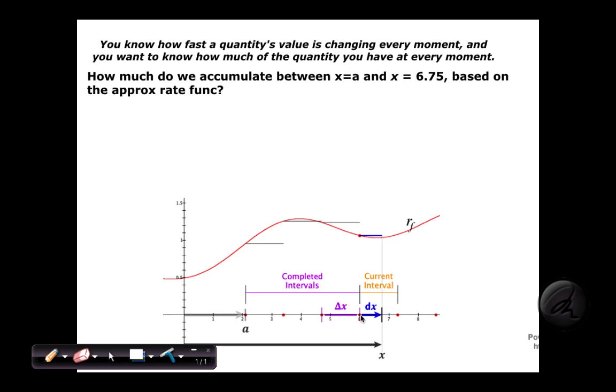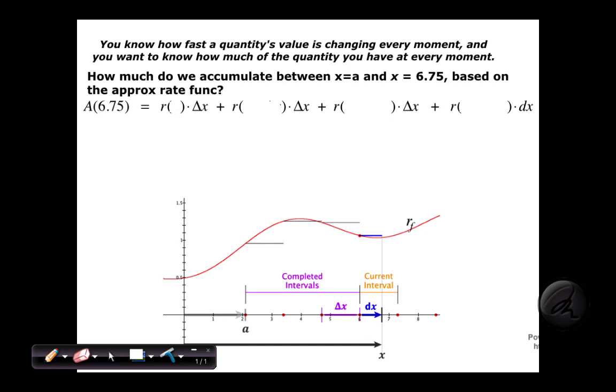Whatever this delta x is, let's say x is 6.75, so we can express something kind of precisely about this. That's the only specific number on here, 6.75. All right. So what this would be finding is the accumulation up to 6.75, starting from a, mystery value of a.